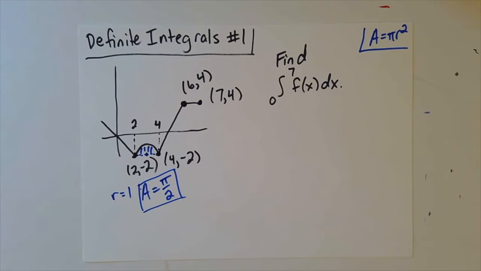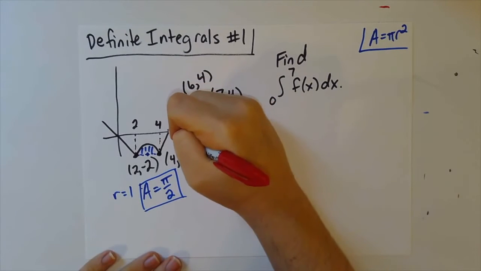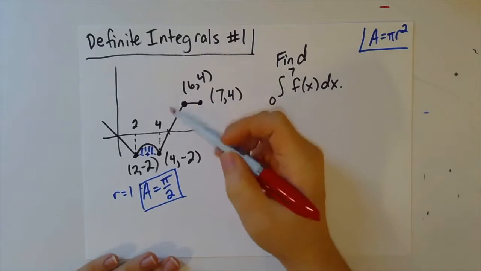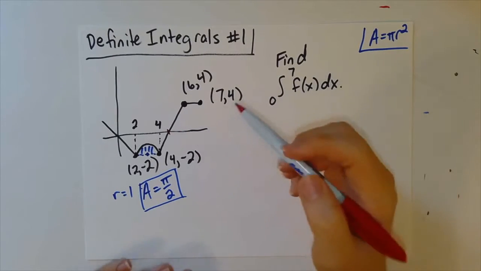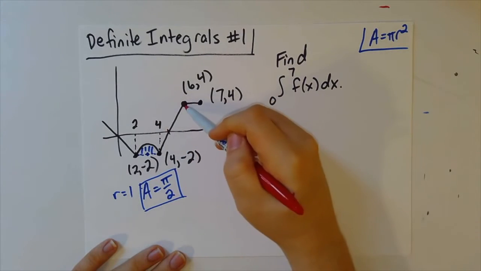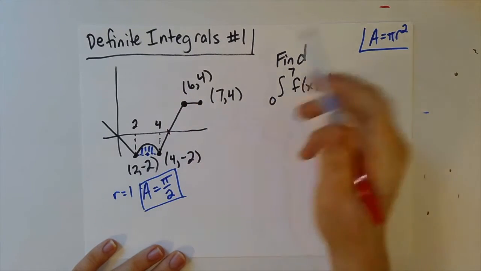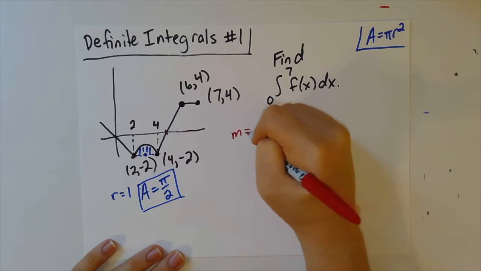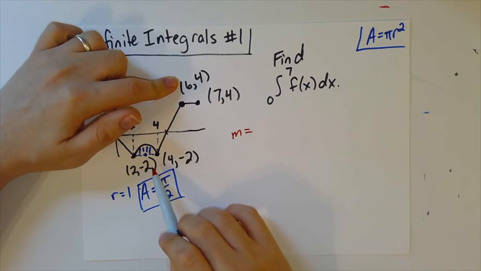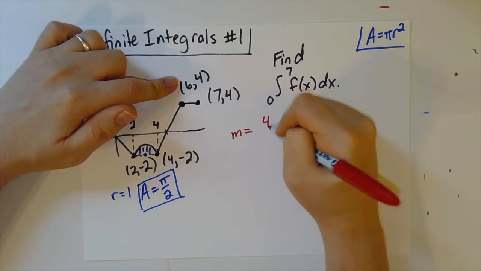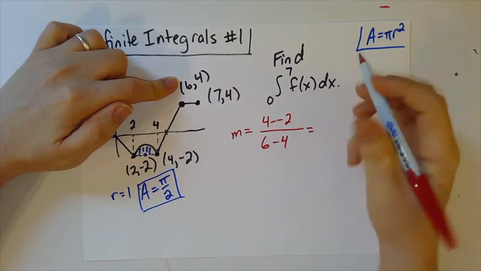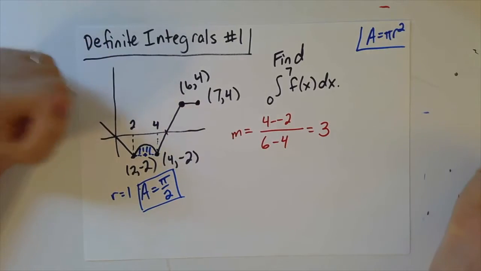Let me go ahead and now resolve this question about what this point here is. A lot of people have asked if you could guess at this point, and you probably can't guess, but what you can do is note that this is a line that connects this point down here to this point up here, so I can find the equation of this line. The slope of that line, it goes through (6, 4) and (4, 2), so the slope is going to be 4 minus 2 divided by 6 minus 4, which is to say the slope is 1.